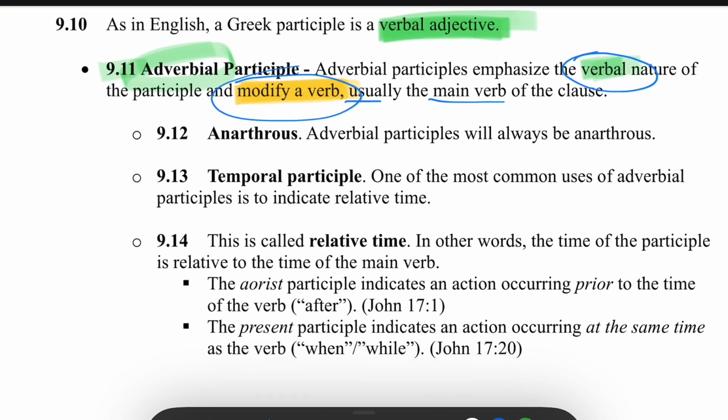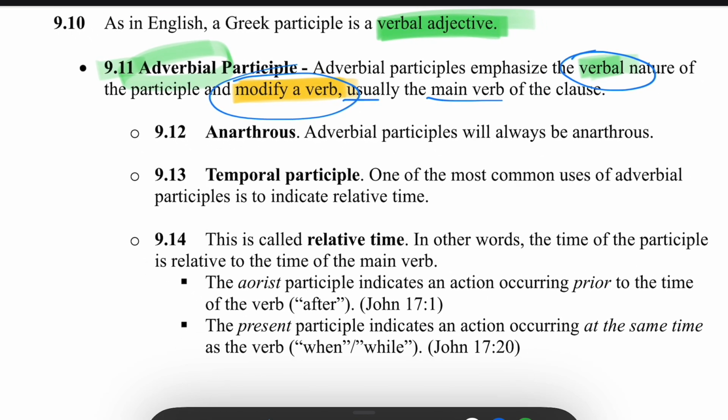Two different things to see when we're talking about that. First, they're going to be anarthrous. They're not going to have the article. So adverbial participles will always be anarthrous. And if you remember, anarthrous just means no article.